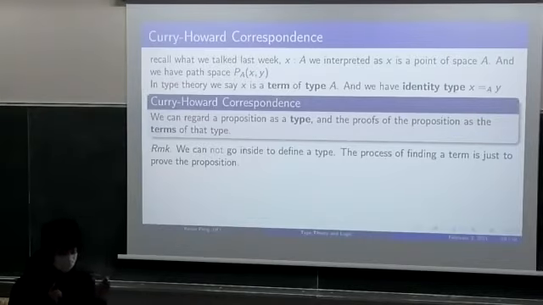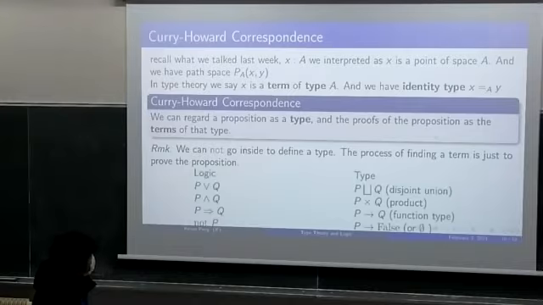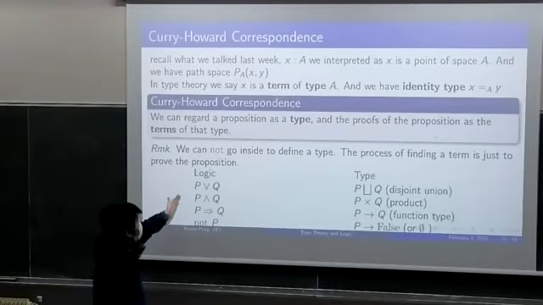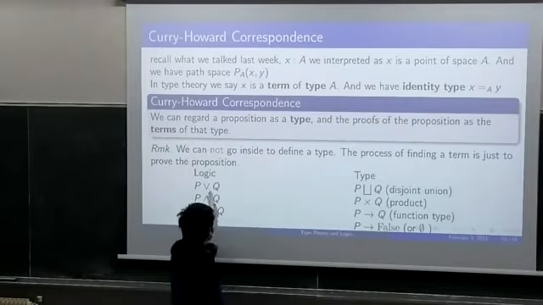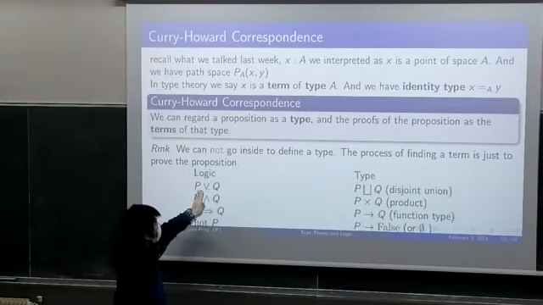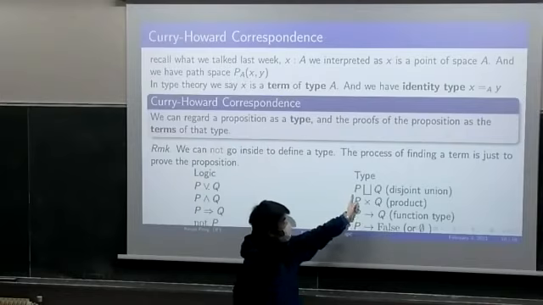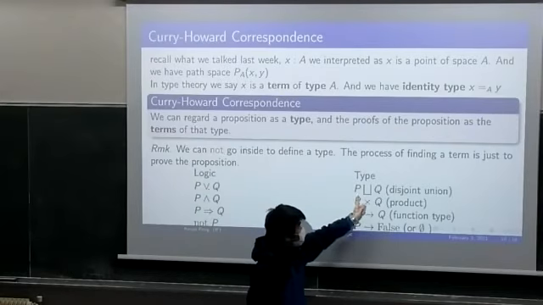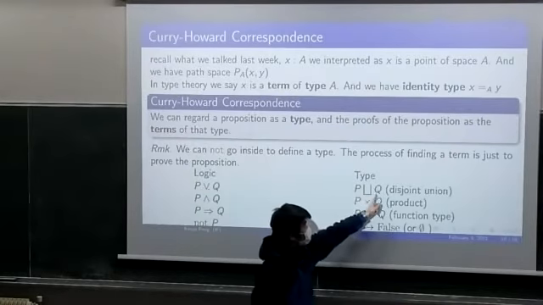So this is the basic idea, but we have more examples. If I want to prove the "or" of two propositions, we just need to find either a proof of this or a proof of this.